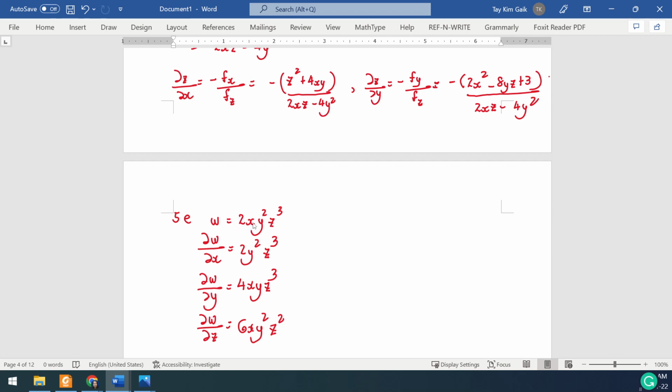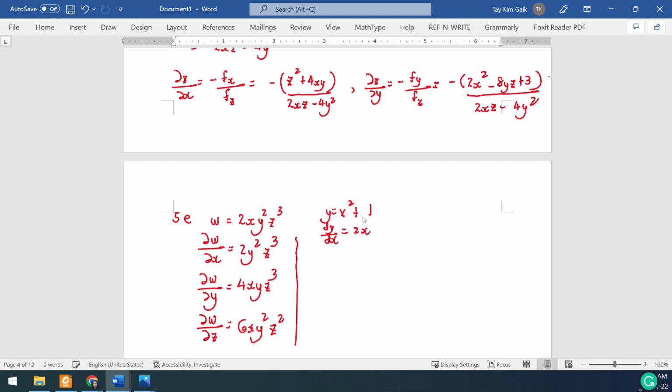So check again. 2y squared z cubed. Differentiate with respect to y, 2. 4xyz cubed. 6xy squared z squared. Okay, correct. Again, y is x squared plus 1, so this is dy/dx, because y is only x only.